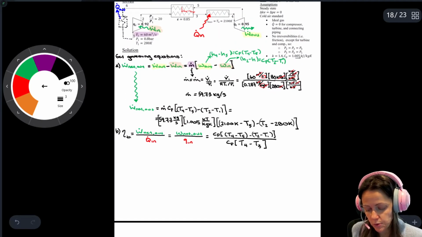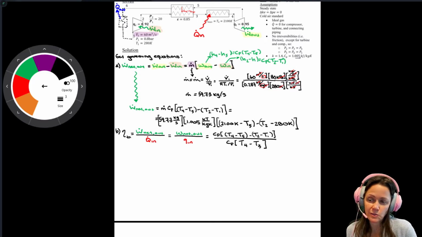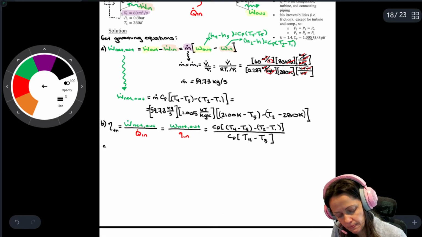I'll need to solve for all the states, with the exception of state 6. So state 6 is sort of optional. I can figure it out based on this equation right here and get q dot out. It's just going to be the thermal efficiency times this guy.